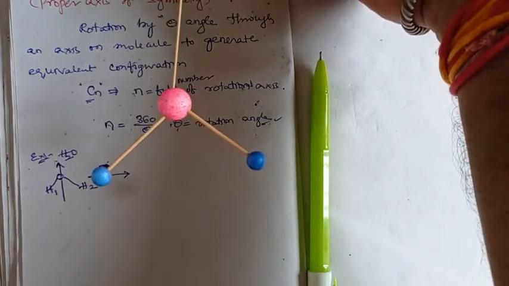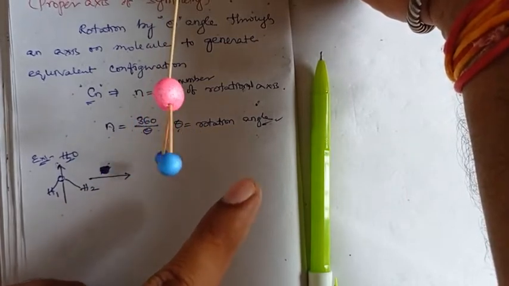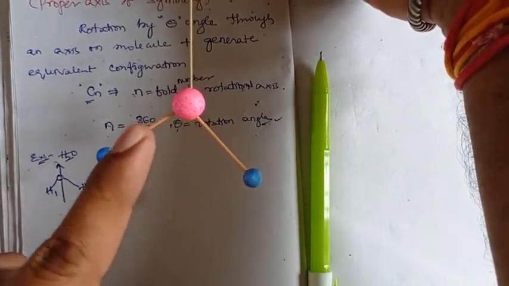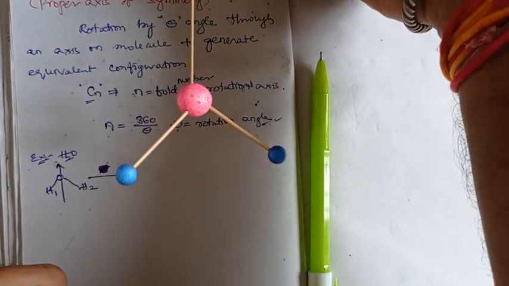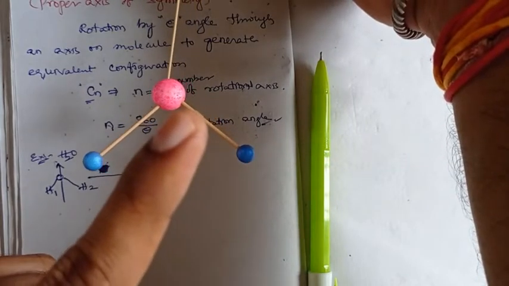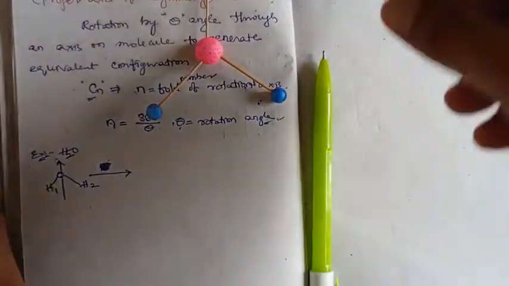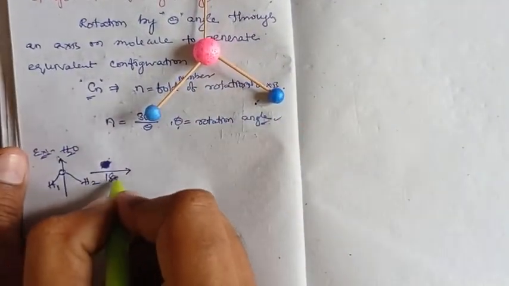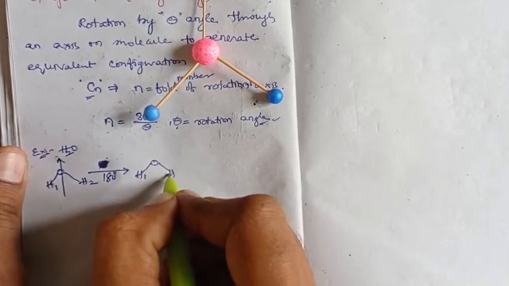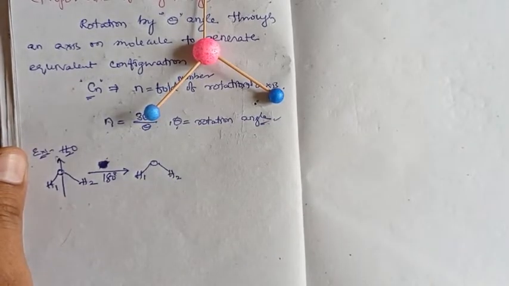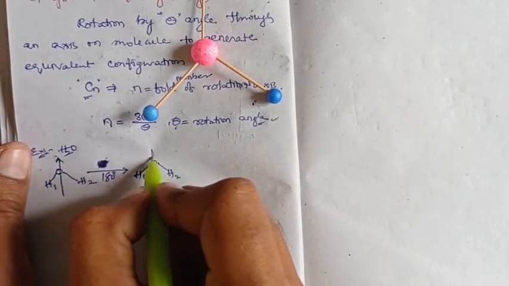After this exchange, this particular configuration is an equivalent configuration of the original configuration. The original configuration is V shaped, oxygen on top, hydrogens down. After the 180 degrees of rotation, it is the same: V shape, oxygen on top, hydrogens down on the left and right sides. That is how we have to choose the rotation angle every time, not only for water but for any other molecule.